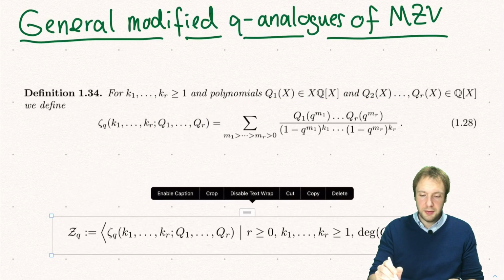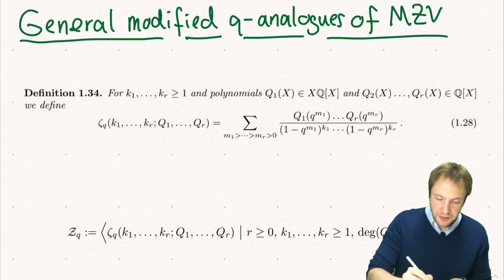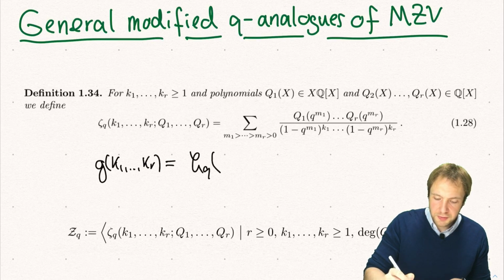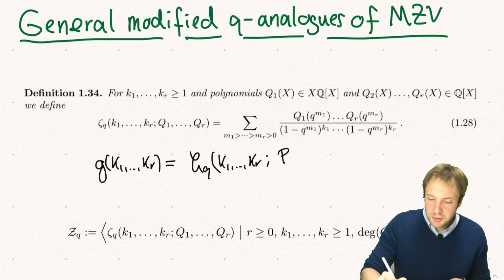So maybe for example, these series g we saw before, k1 to kr, they were just given by zeta_q, k1 to kr, where we choose here the Eulerian polynomials.